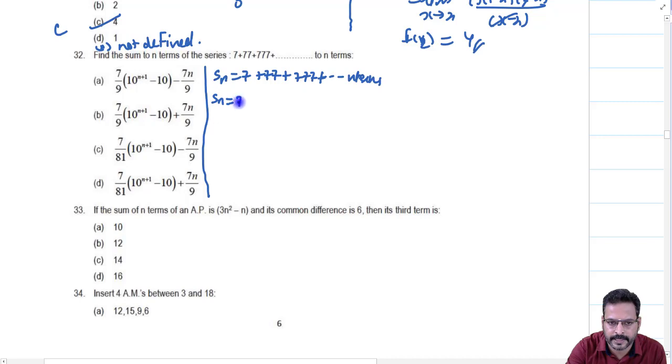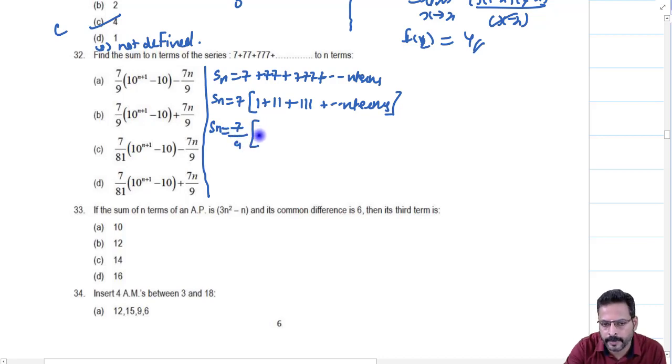Sn is equal to, we can say, take 7 outside, 1 plus 11 plus 111 n terms. We can divide it by 9, then multiply by 9 throughout the terms in the bracket: 9 plus 99 plus 999 plus etc. n terms. Then Sn is equal to 7 by 9.